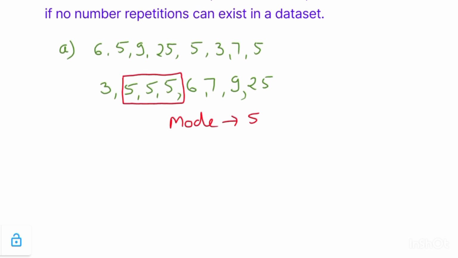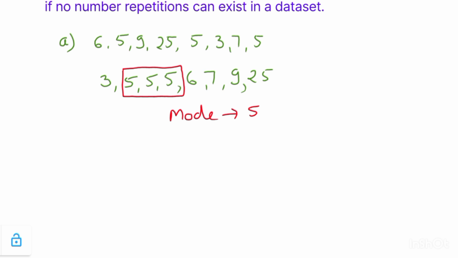Now suppose we are given a question which is like this: 10, 12, 13, 10, 5, 7, 13. So let me arrange this in ascending order to make it more clear. You can also find it directly if you are comfortable.